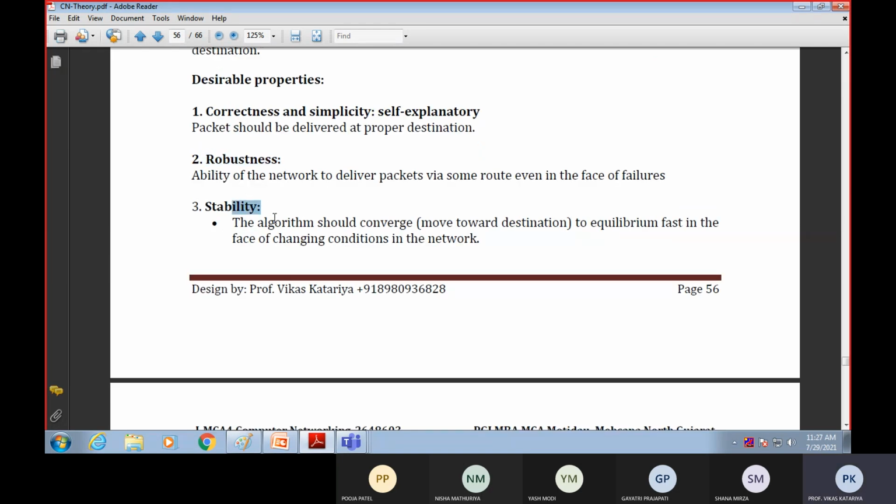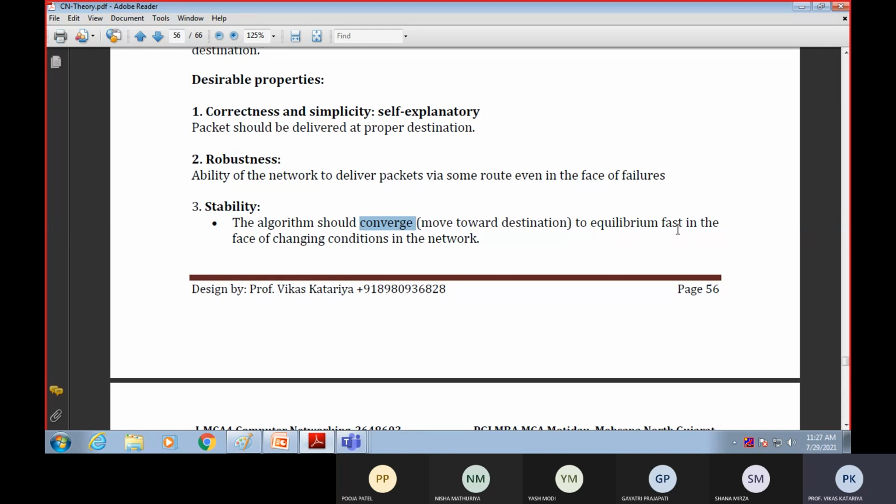Third desirable property of a routing algorithm is stability. The algorithm should converge to equilibrium fast in the face of changing conditions in the network. Stability means if the topology gets changed in a network. Suppose I send a mail from my machine using a star topology, but you are at present using a ring topology.